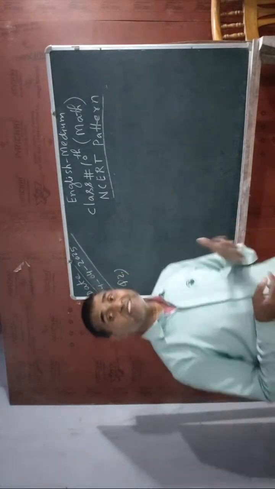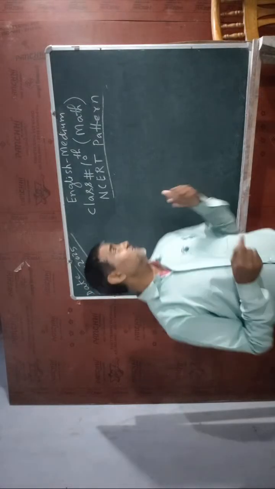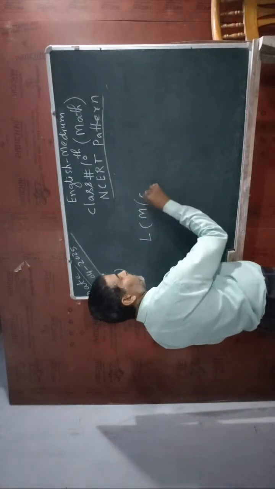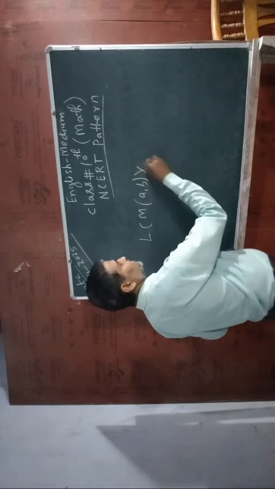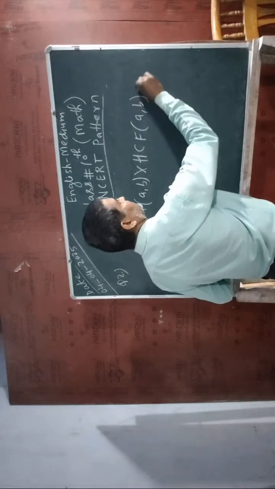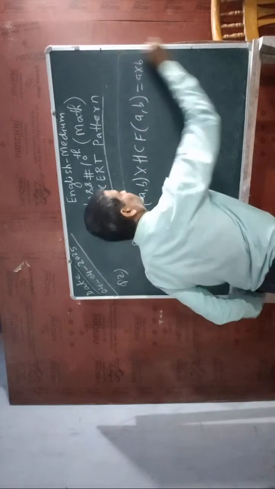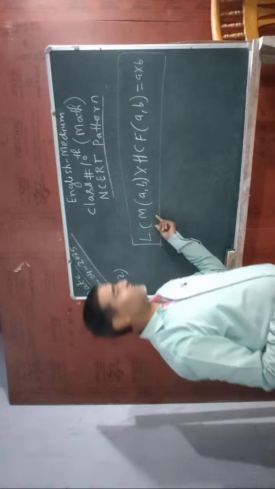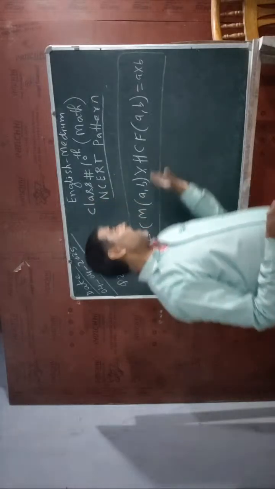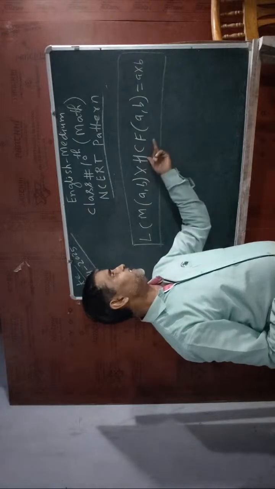Now the relationship between LCM and HCF of two numbers is such that LCM of A comma B into HCF of A comma B is equal to A into B. Already I have explained the concept of LCM separately, and also the concept of HCF separately, and the combination of these two, LCM and HCF.